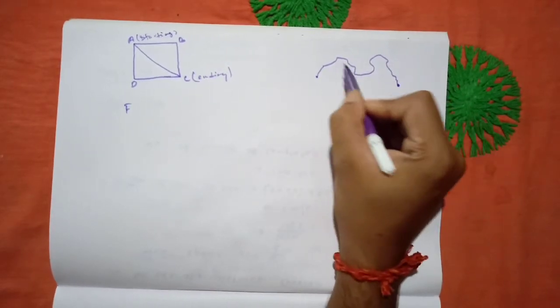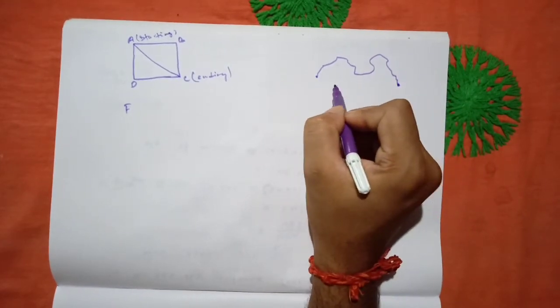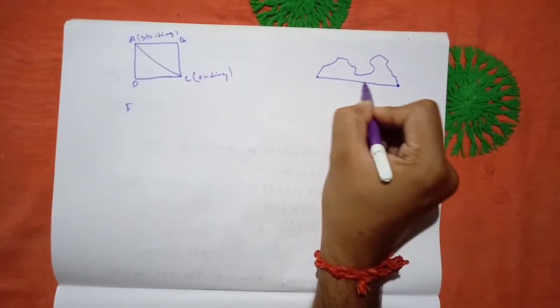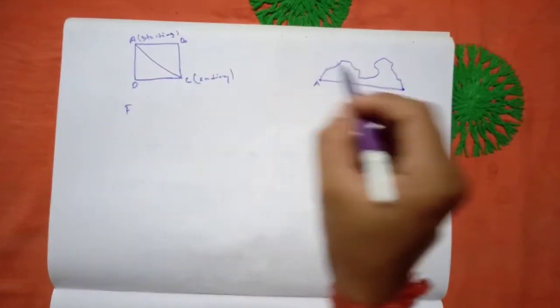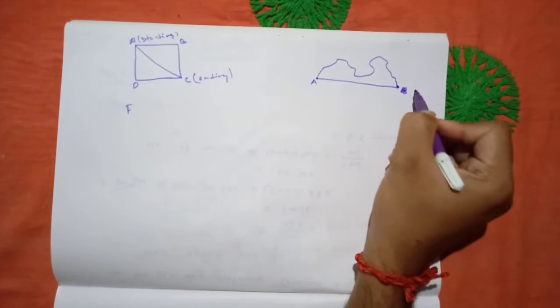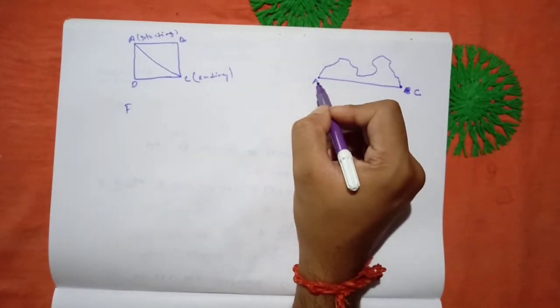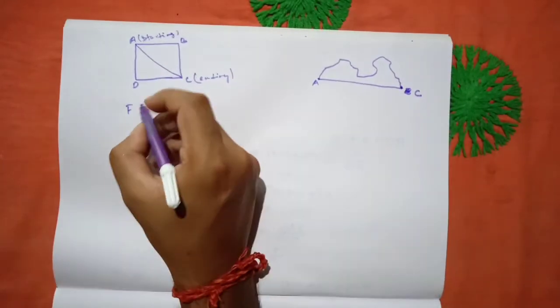This is the distance traveled by the man, and the shortest distance is the straight line, and this is called the displacement. Now suppose this is A, suppose this is B, and this will be C. So we have to find the magnitude of the displacement, which is from A to C.